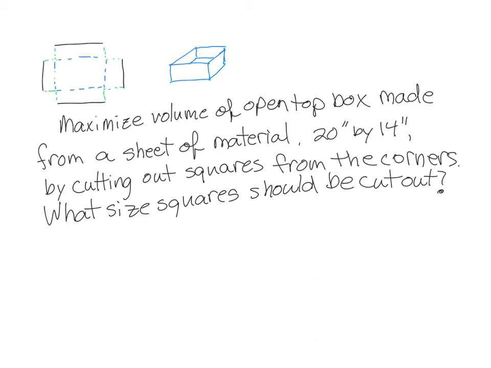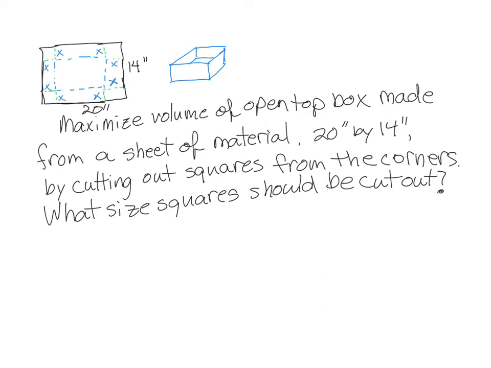Okay, so here's the deal. We originally had a piece of cardboard that was 20 inches one way and 14 inches the other. But then we cut out these squares that are X by X. Squares, so they're the same length on both sides. And we cut that out of each of the corners.